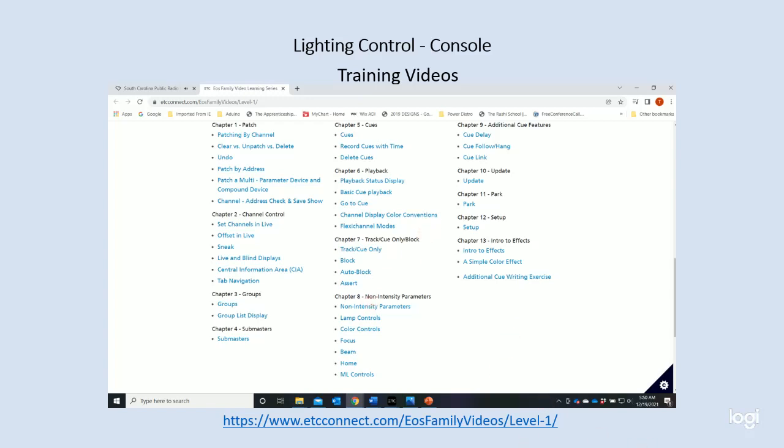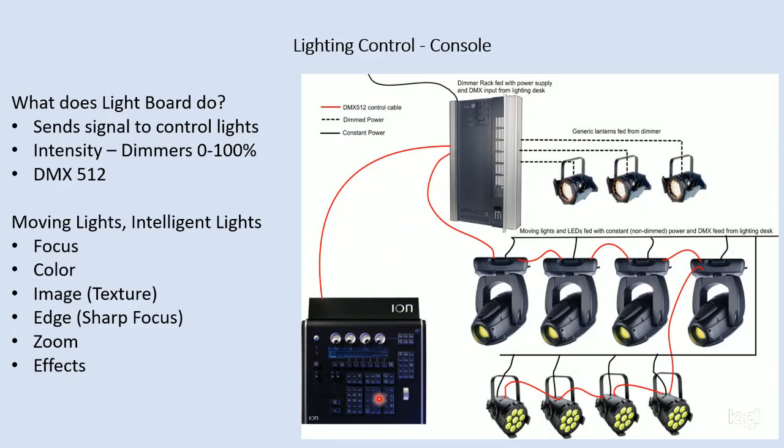Why don't we start and learn a little bit about what a lighting board does? What does a lighting controller do? A lighting controller is nothing more than a computer that sends signals to control the lights on stage. It really doesn't do anything except manage information and transmit information.